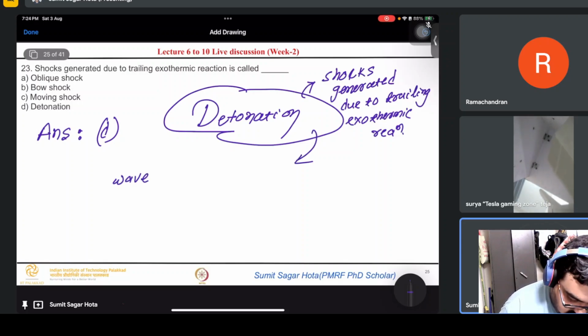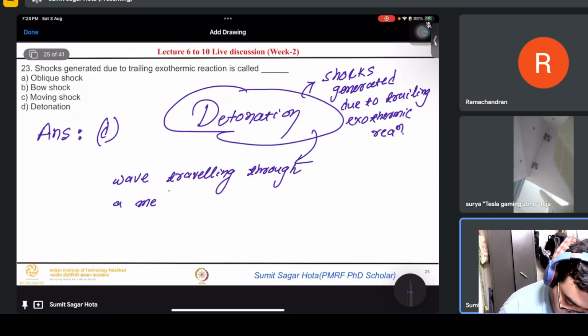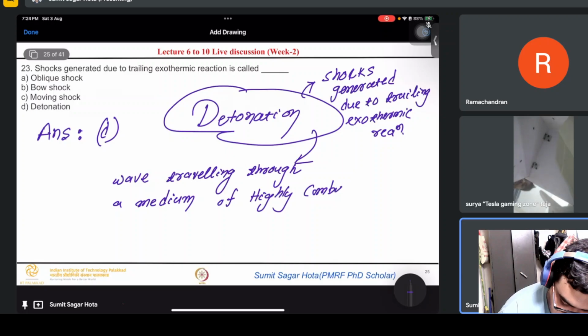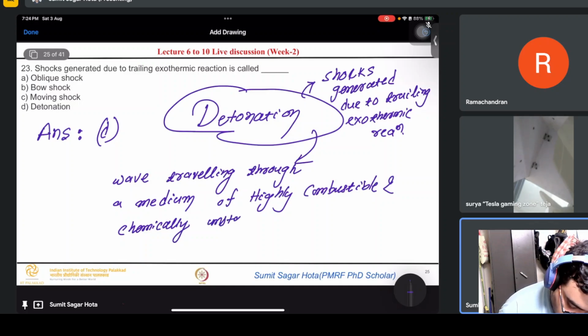When the wave is traveling through a medium that is highly combustible and chemically unstable.